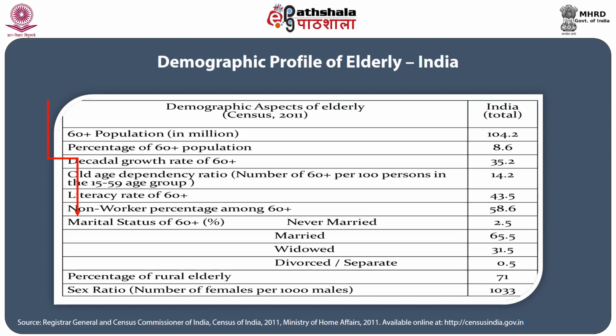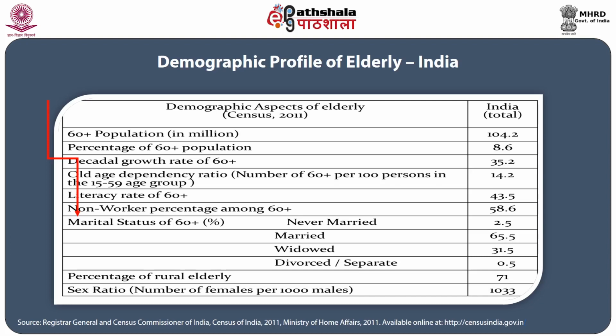In the 2011 census, no doubt about two-thirds, that is 65.5%, are currently married. That means a large volume of elderly are still with their spouses.